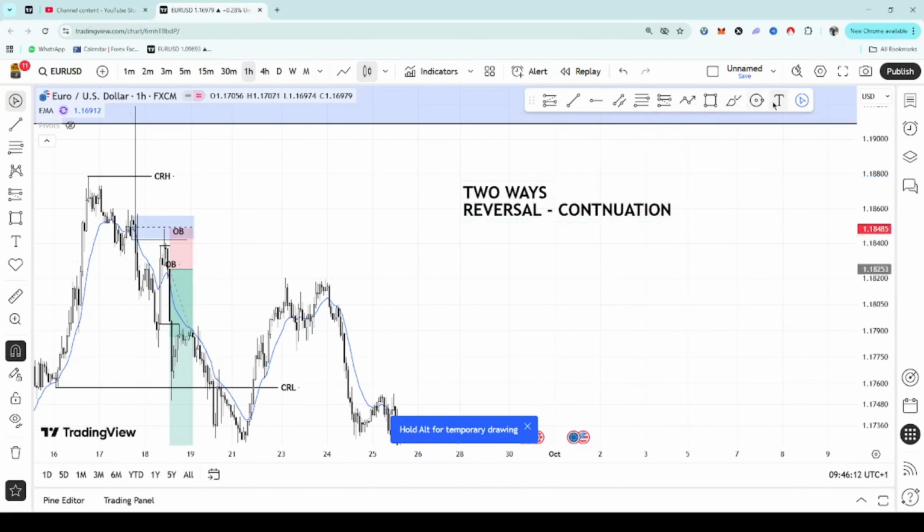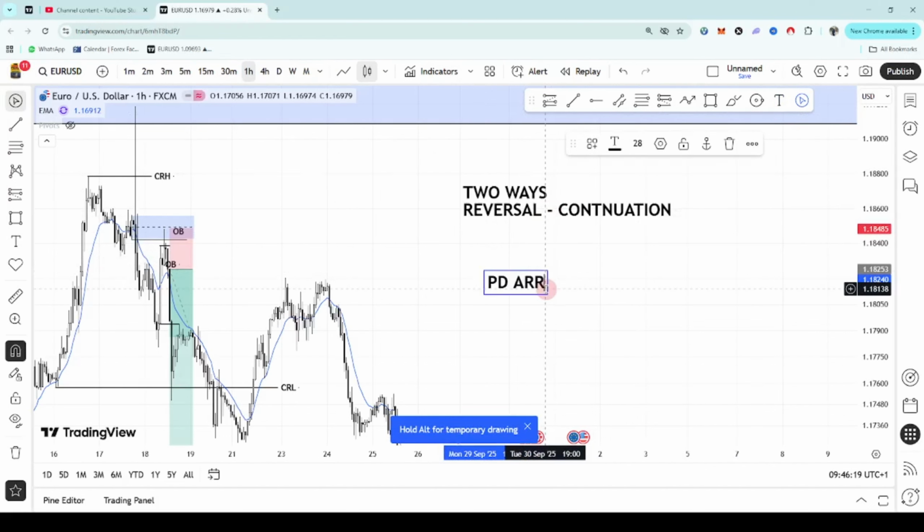Now if you want to trade the reversal, you have to be focusing on what? PD arrays, and we also have big figures, big figure numbers, which are institutional numbers.